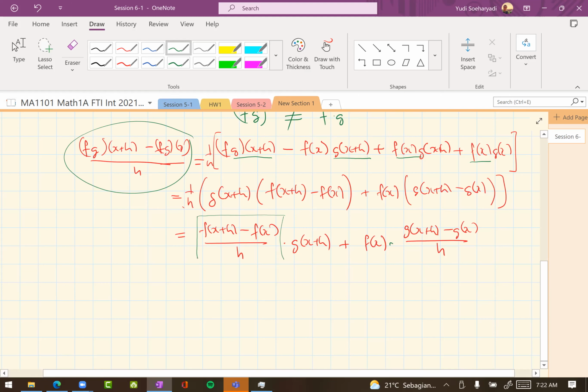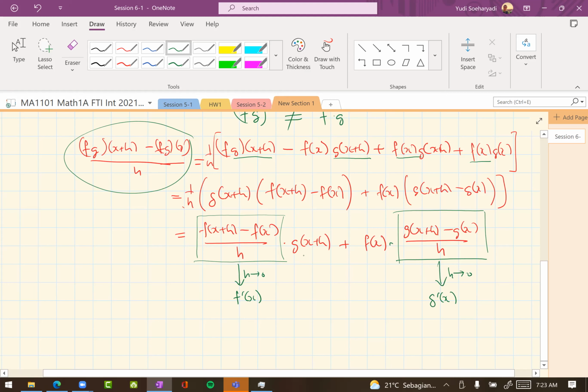Do you recognize this one? Derivative. Derivative. And when you take the limit, same thing here. If you take the limit, you get the derivative.